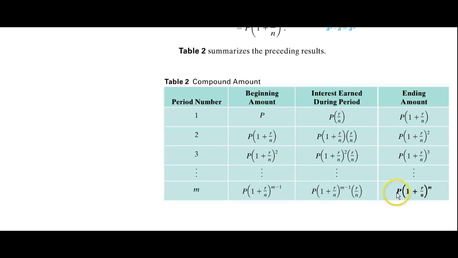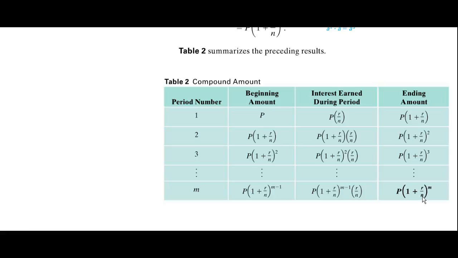So again, let's analyze this. Here they're just showing you all the details of getting to this formula. Your principal is whatever you're starting with, and this is going to be compounded over, instead of just 1 year, those other periods of time. You have your rate. This is the number of times each year it will be compounded.